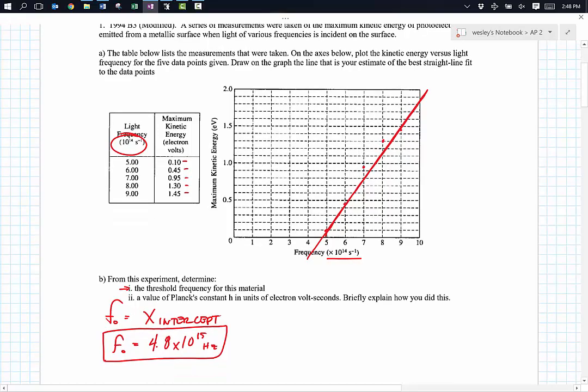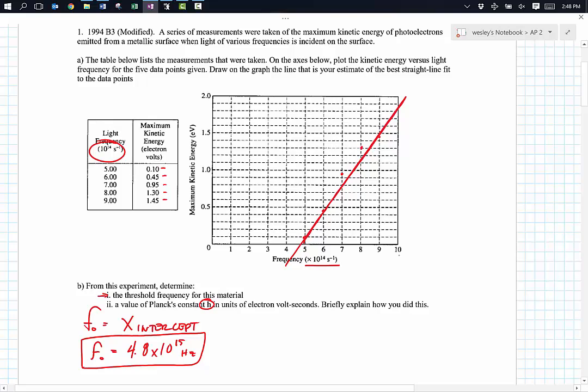And then the value of Planck's constant, well, for this, because it's maximum kinetic energy and frequency, that maximum kinetic energy is hf, plus, I apologize, I always do that, minus our work function. So that makes h the slope of our line.